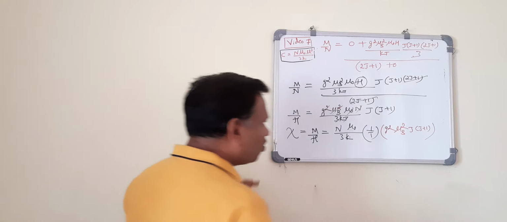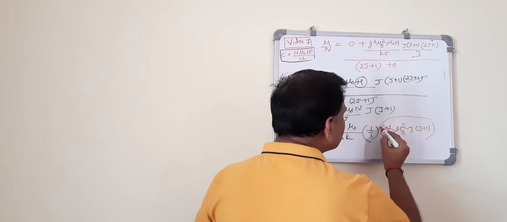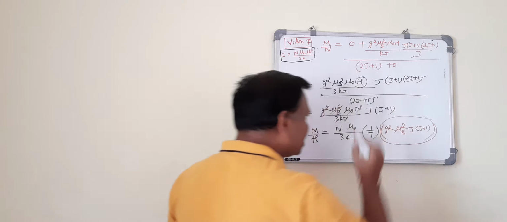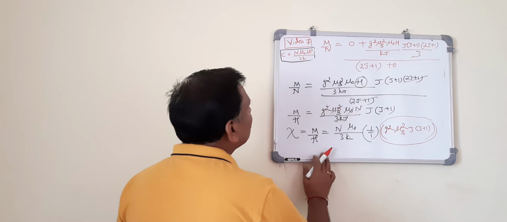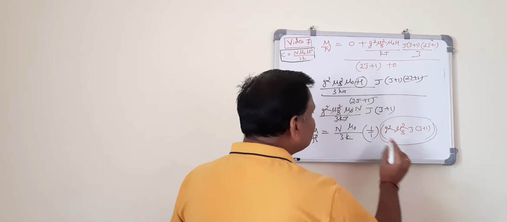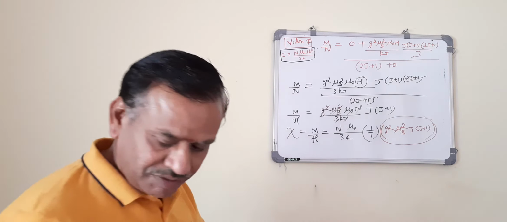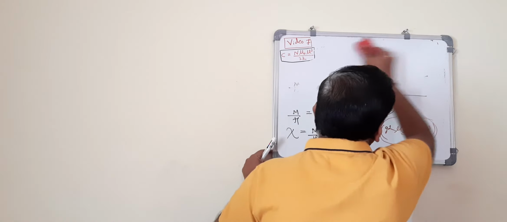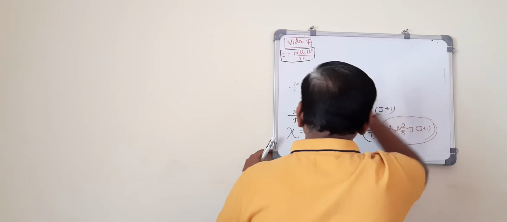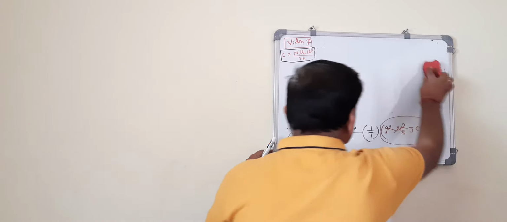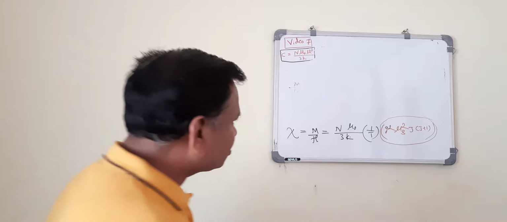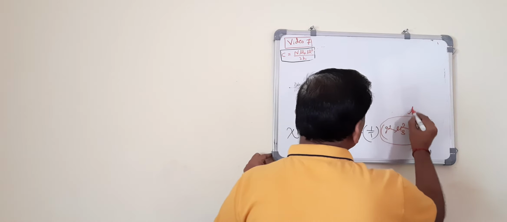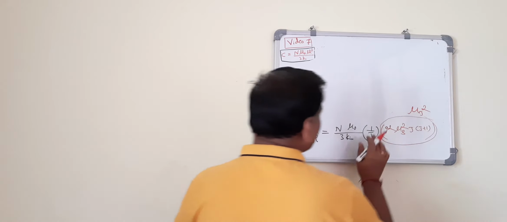All this term together I will call mu J square. You see, this term I will call mu J square.